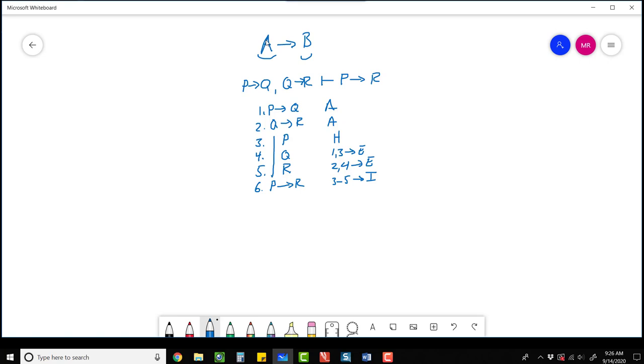The only thing you're allowed to use is the conditional you've derived. All right, one more quick example, maybe another couple quick examples. We can actually use conditional introduction to prove what we call theorems.